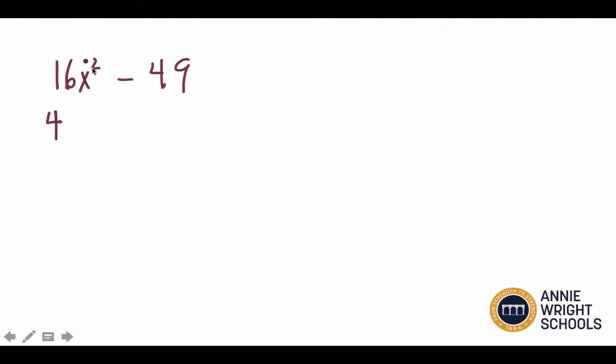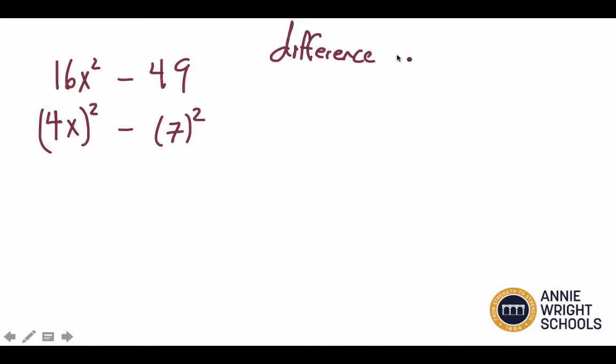When I see 49, I'm thinking, oh, that's 7 squared. This is such a common special form, it has a name. It's called the difference of two squares.